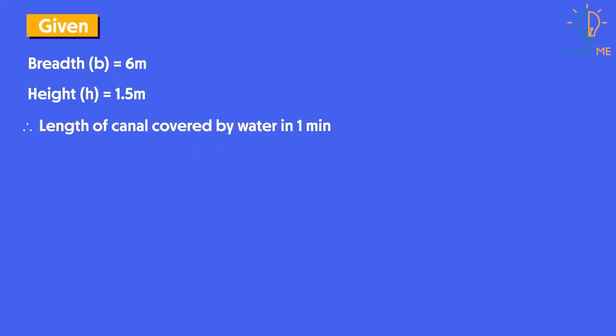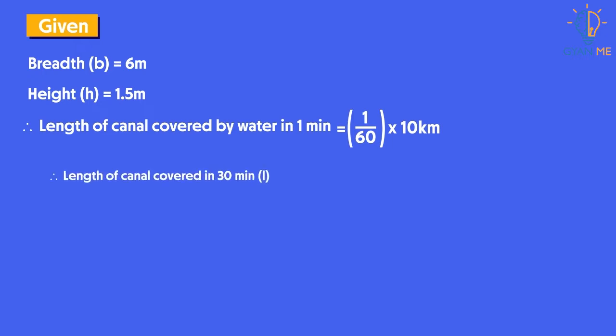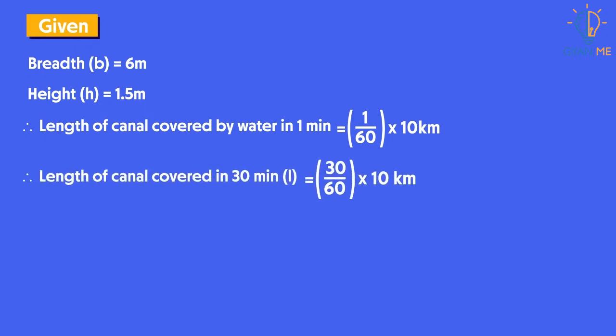Therefore, the length of canal covered by water in 1 minute is equal to 1 upon 60 into 10 km. Similarly, the length of canal covered in 30 minutes is equal to 30 upon 60 into 10 km, which gives us 5 km. If we convert it into meter, we get 5000 meter.